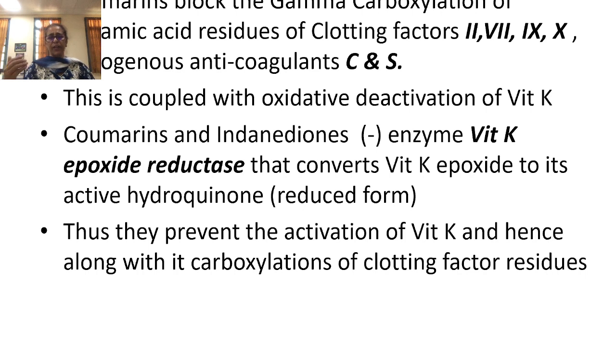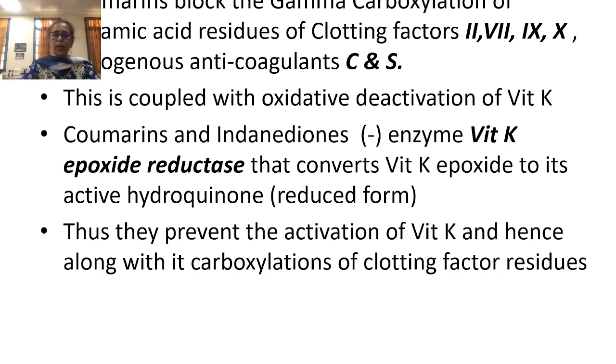Now mechanism of action, as I told you, it inhibits vitamin K. These drugs block gamma carboxylation of glutamic acid residues of clotting factors and of the endogenous anticoagulants C and S. How does this happen?